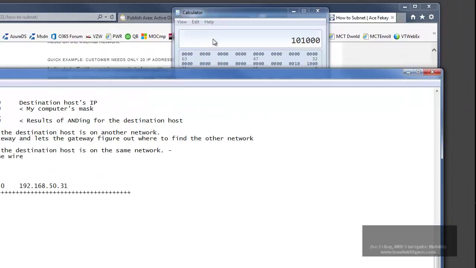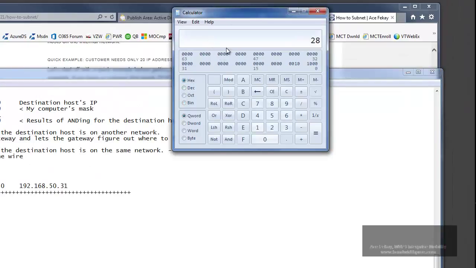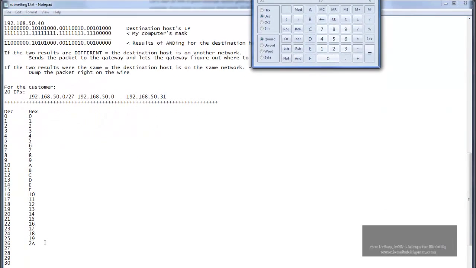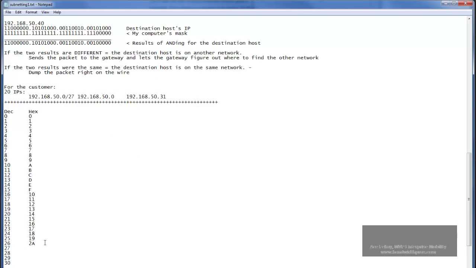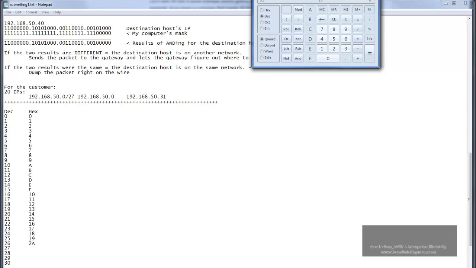Alright, so you want to see what 2A looks like. You could say hex 2A, decimal, what did I do wrong? 26 should be 1A.